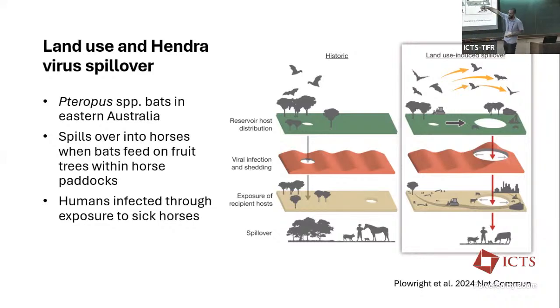It was only as land use change in Australia cut down some of these native forests that bats were living in and replaced them with agricultural land with these intermediate hosts in the form of horses. These bats, in response to the land use change, moved more into these agricultural areas, and that proximity opened up the opportunity for spillover to happen.